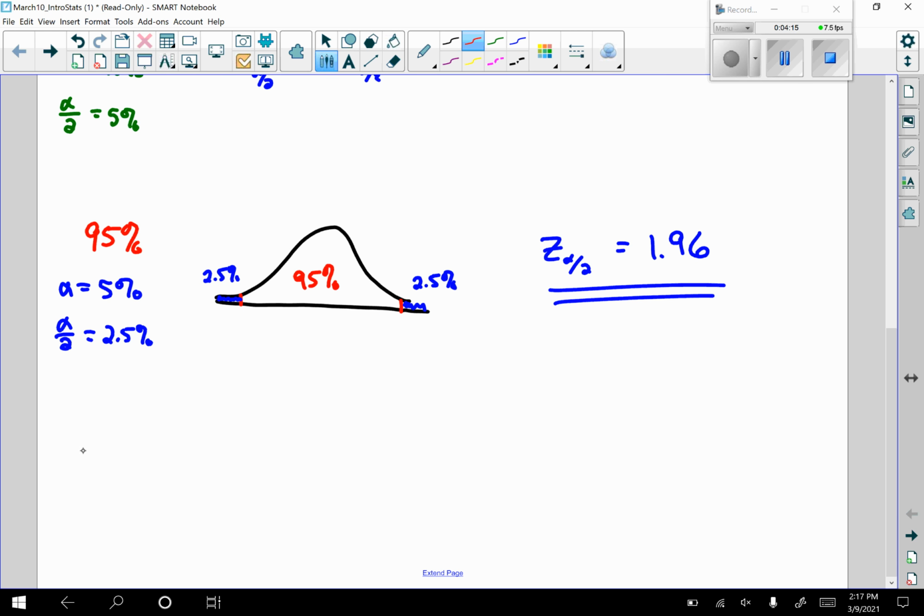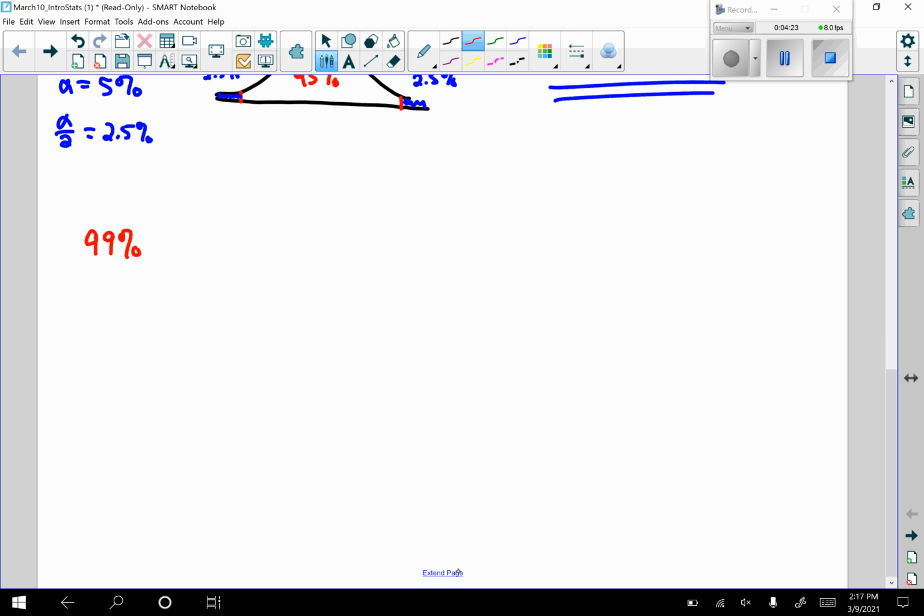Let's do the third. Now again, we can do this for any confidence interval we're asked to, but these are the three most common. So let's do 99%. So again, that means 99% is going to be in the middle here, which means alpha is going to be 1%.